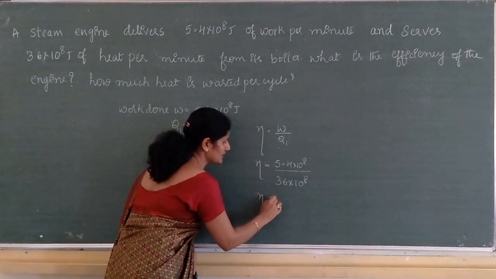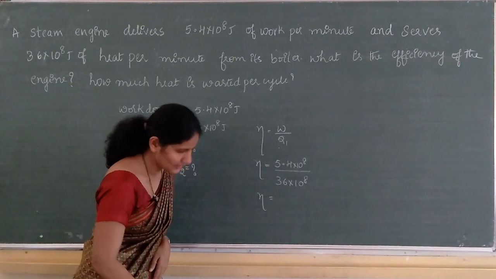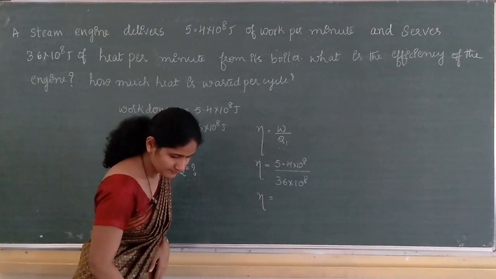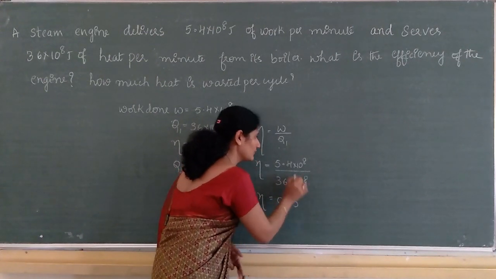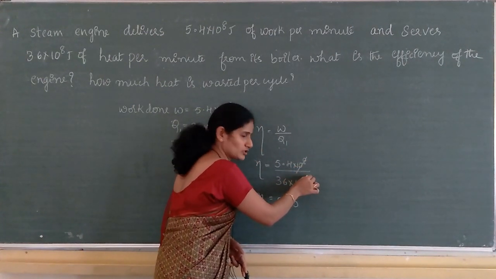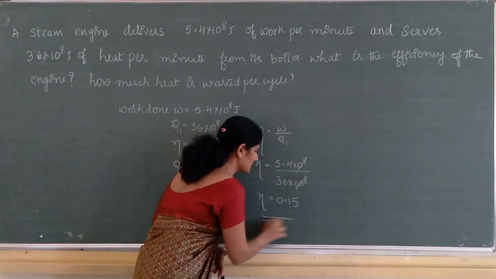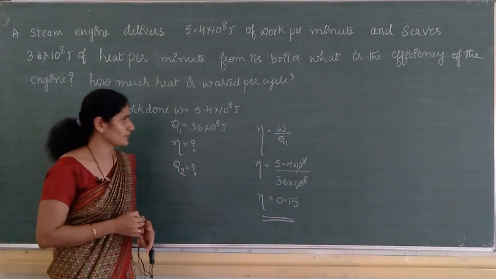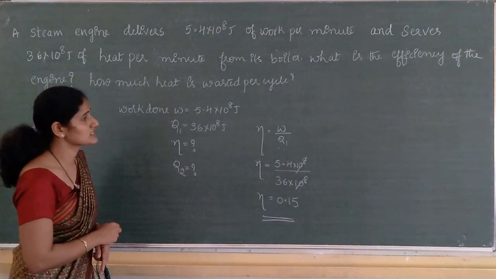So, efficiency eta is equal to 5.4 divided by 36. Here we have 10^8, here also we have 10^8, so they cancel, and we get efficiency eta is equal to 0.15. So, efficiency is 0.15.